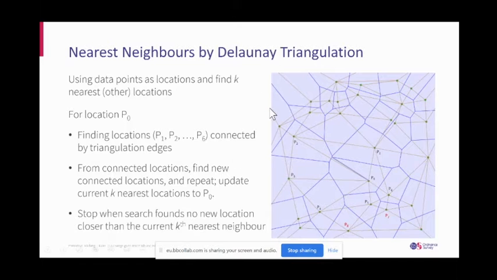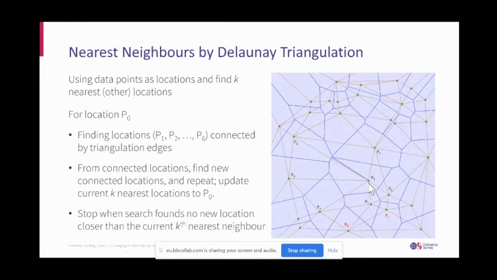In this case, we use the data points as locations, and we find the k nearest other locations. For example, for the location P0, we can find the connected locations P1, P2, P3, P4, P5, and P6, which are connected to P0 by a delineated triangle edge.